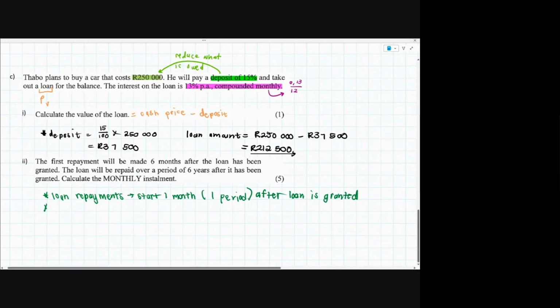The second thing that we need to remember is that if your repayments are delayed, guys, I can't speak English and write today. So let me speak and then I'll write. If your repayments are delayed by however long, the loan amount still gains interest.